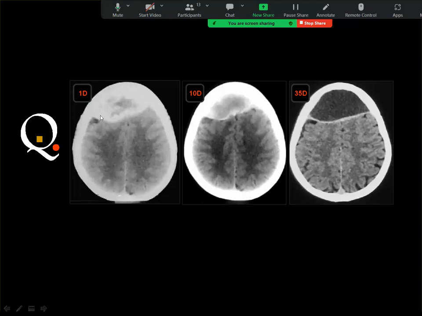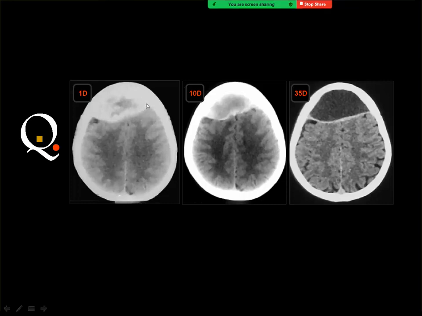The hematoma was bright in the CT scan obtained on the first day. Then the density decreased by day 10 and is now a chronic epidural hematoma.